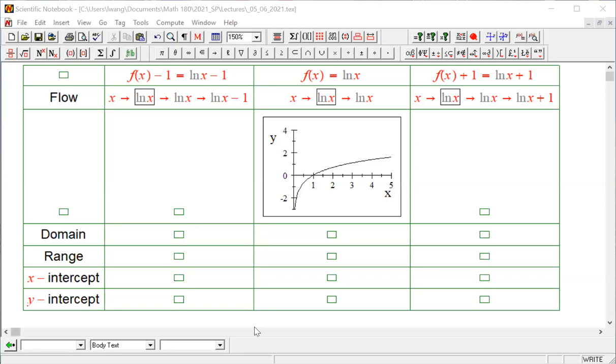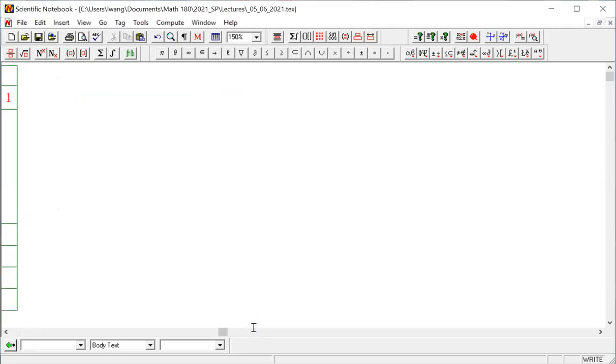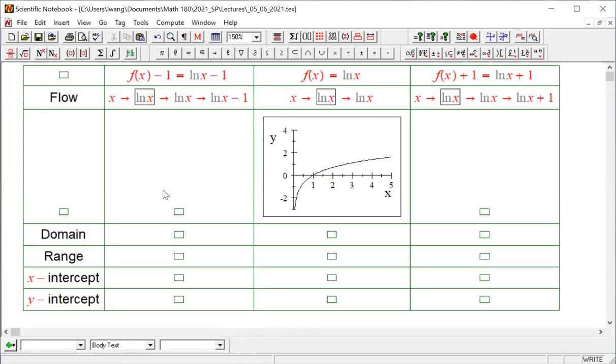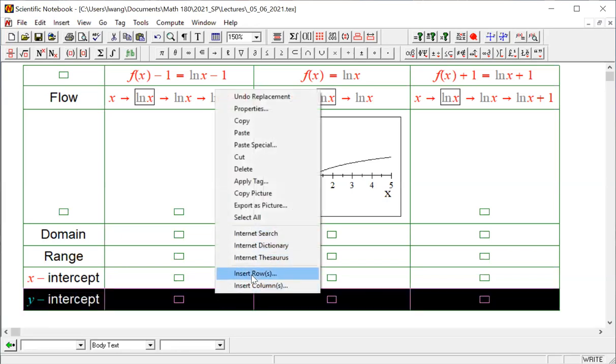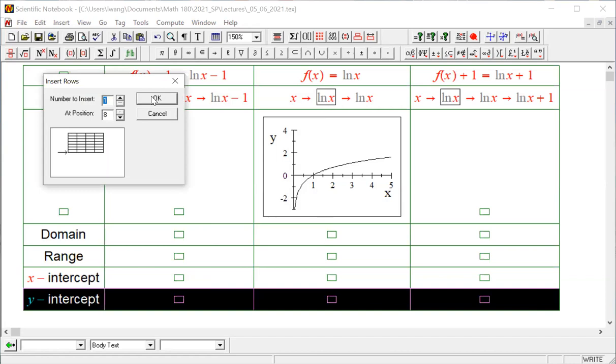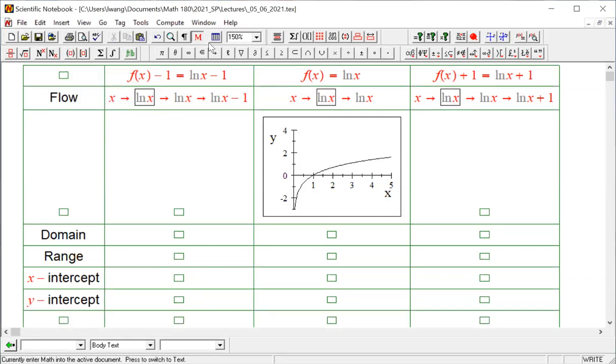Okay, guys, I want you to fill in the blank. Last row. Asymptote. Okay, so we made a point.